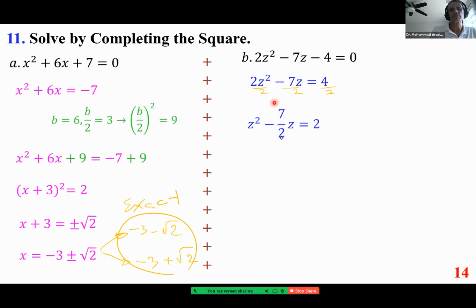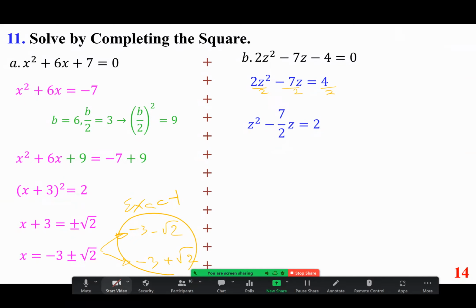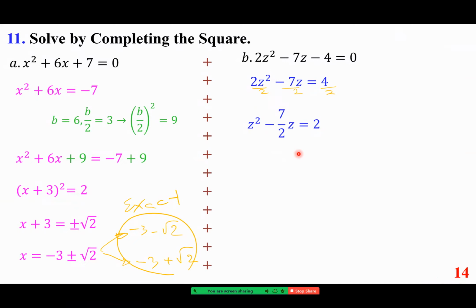B is -7/2. You divide it by 2, you get -7/4. When you divide a fraction by 2, you can multiply the denominator by 2. This is very basic. So divide this number by 2, you get -7/4. You square that, you get +49/16.